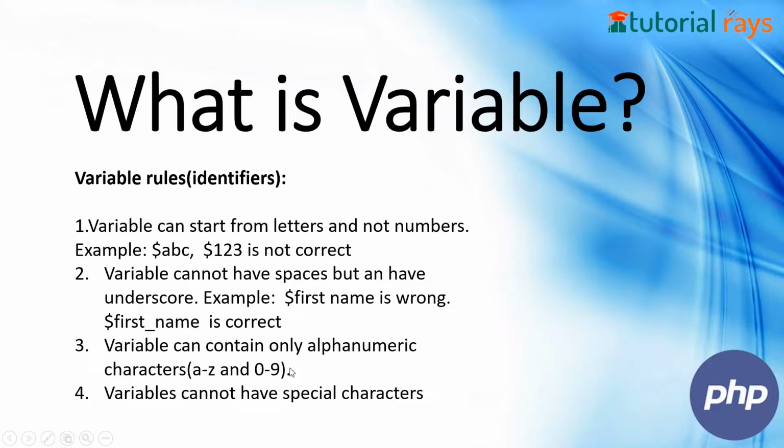A variable can contain only alphanumeric characters. We cannot use special characters. For example, we cannot write something like $number@security. It will be alphanumeric, that means A to Z and 0 to 9. A variable cannot have special characters, as I just mentioned. These are important rules you should bear in mind while declaring a variable.